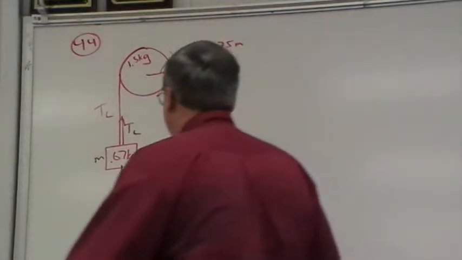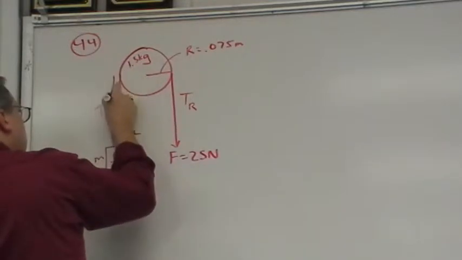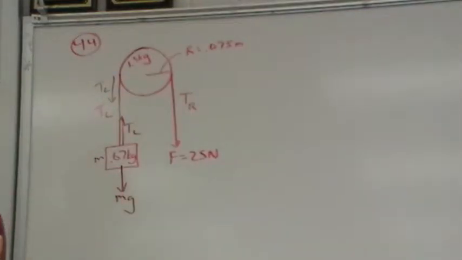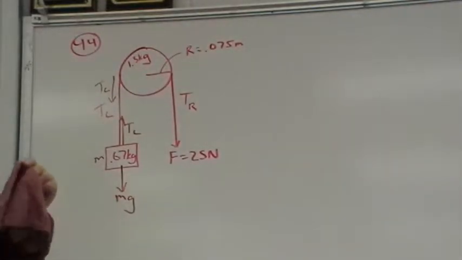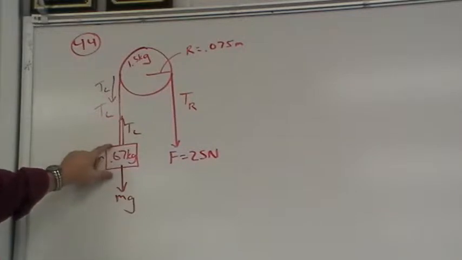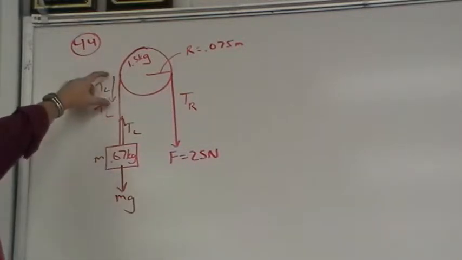Okay, so anyway. That tension, as I've gone through today, we've really been struggling with this tension piece. The tension pulls up on the mass, but the same tension pulls down on the pulley.